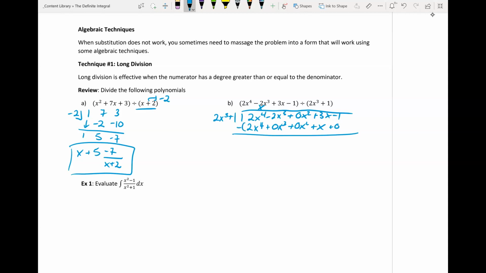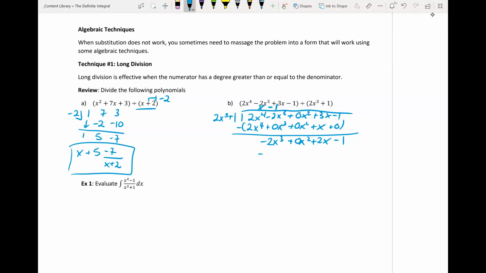Now we're going to subtract to find what's left over. We have -2x cubed plus 0x squared, 3x minus x is 2x, and you saw that -1. Now I'm going to do the process again. I want to get rid of this -2x cubed. I can do that if I multiply 2x cubed plus 1 by -1.